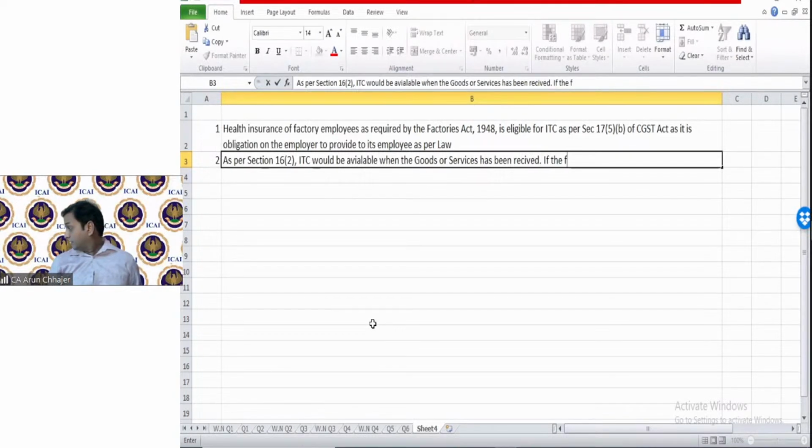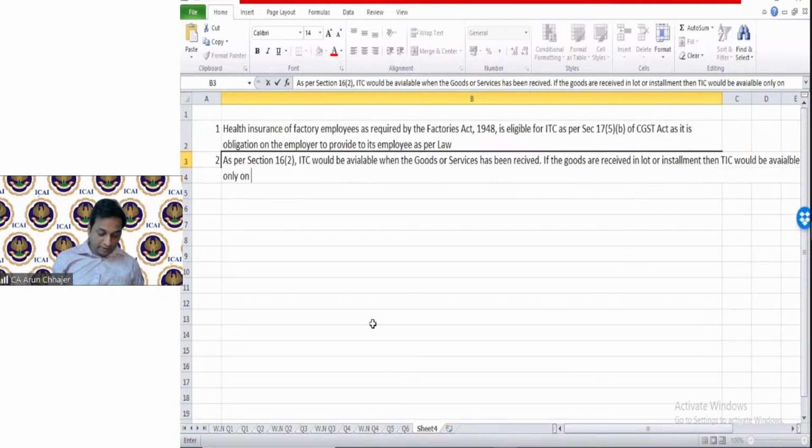Very nice. If the goods are received in lots or installments, then ITC would be available only on the last lot.